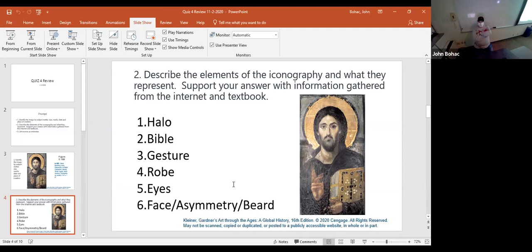All of these religious scholars and bishops and people in authority in the church got together and decided what would be in the Bible and what it meant to be a Christian.